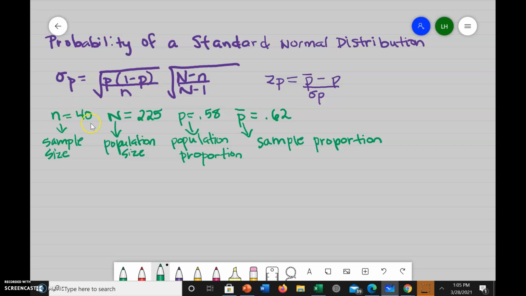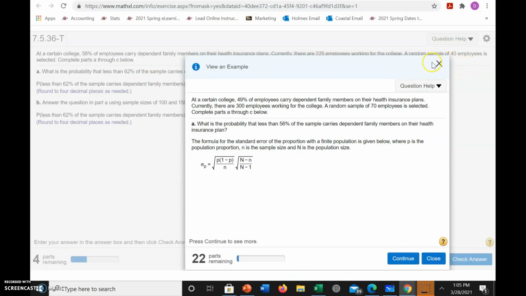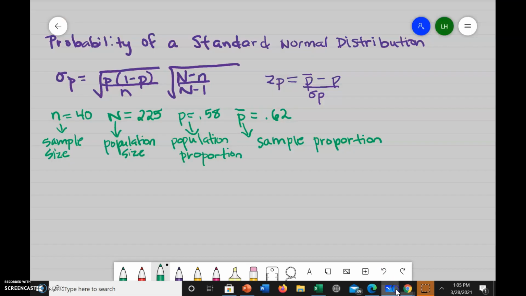Lowercase n is 40. That was our sample size. Uppercase N was 225. That is our population size. This was given to you in the problem. There are currently 225 employees working for the college, and we got a random sample of 40.